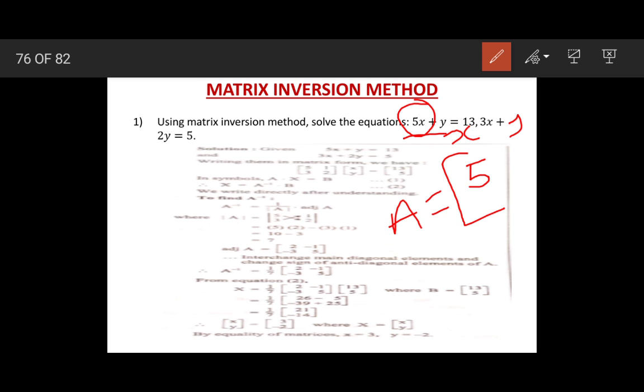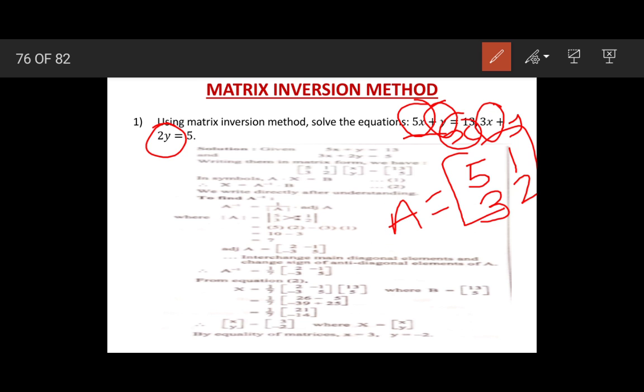Now in the second equation, the number with x is 3. So in the first column, write the numbers of x. Similarly, the coefficients of y: in the first equation it is 1, and in the second equation it is 2.